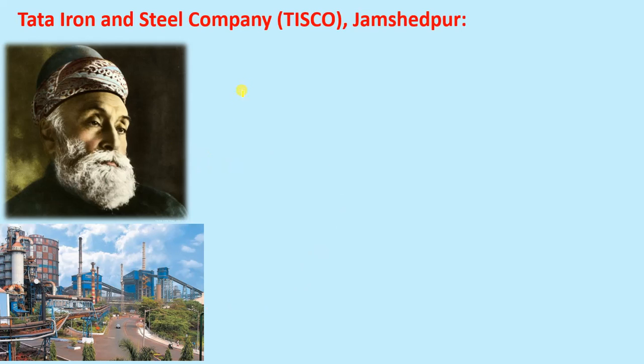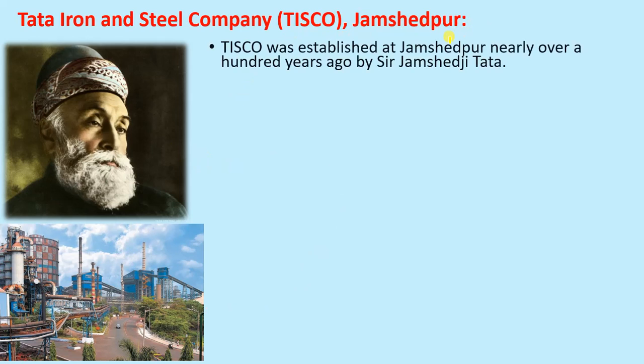Now, the Tata Iron and Steel Company, TISCO, Jamshedpur. TISCO was established at Jamshedpur nearly over 100 years ago by Sir Jamshedji Tata. Here is an image of Mr. Jamshedji Tata.